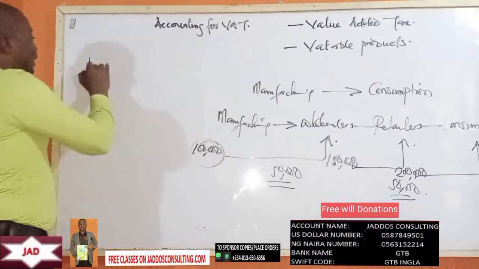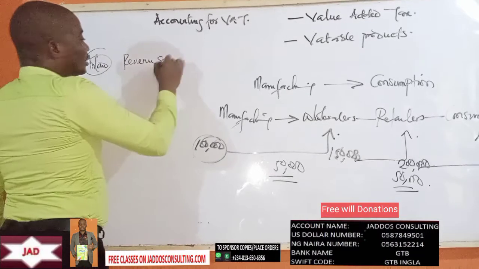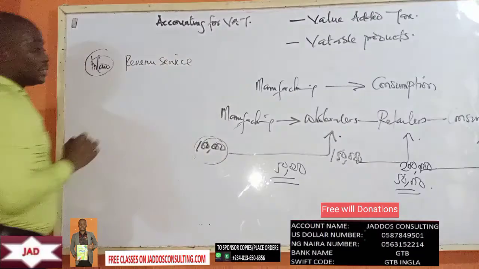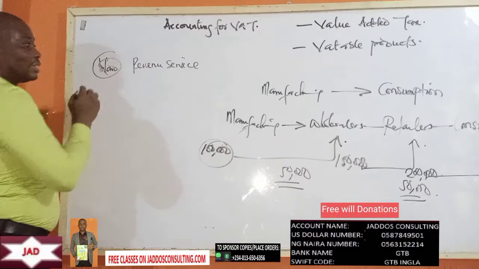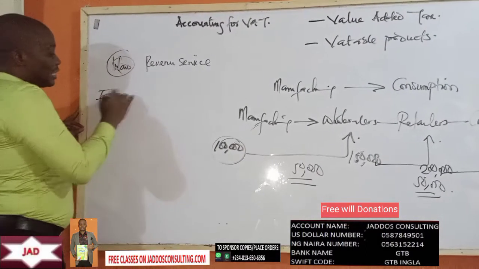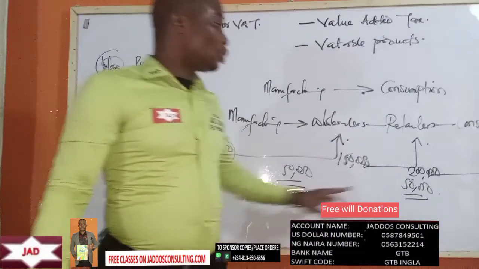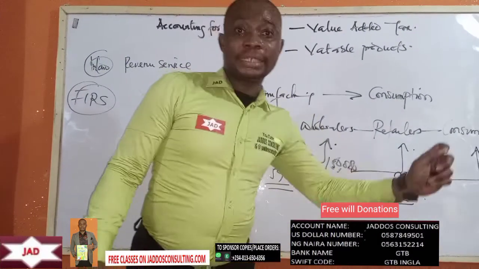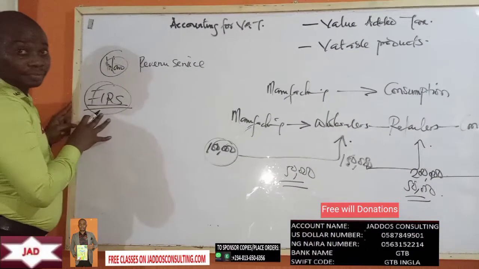To the inland, or let's just call it the revenue service. Now in Nigeria, the collection of VAT is the responsibility of the Federal Inland Revenue. So every VAT charged on vatable products is remitted to the Federal Inland Revenue Service.